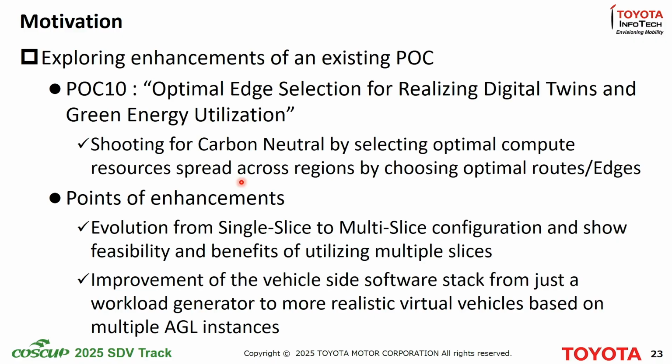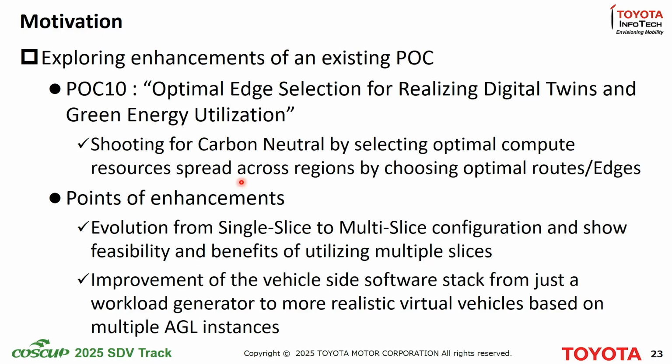So instead of using physical vehicles, our idea is to use an open source based operating system like AGL and run them on top of virtual machines. By doing so, we can have a bunch of virtual vehicles on top of cloud infrastructure, whether on-premise private cloud or AWS, whichever you like.